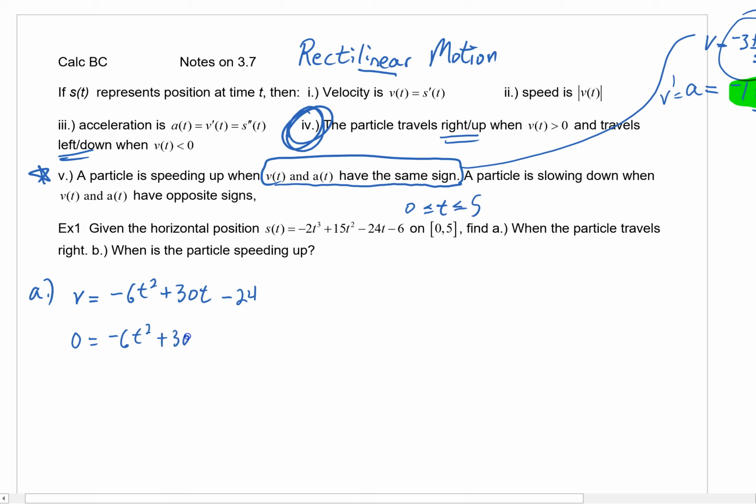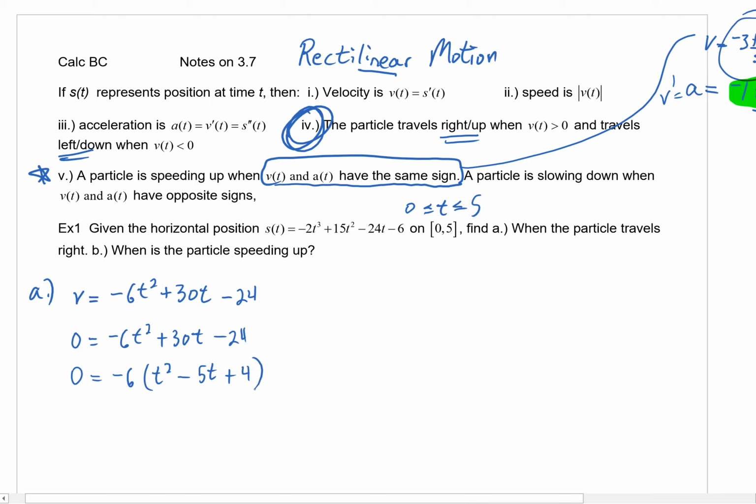Your particle actually would come to a stop. Let's just solve here. If I were to factor out a negative 6, we'd have t squared minus 5t, and if we divided out a negative 6 here, I guess that'd be a plus 4, wouldn't it?